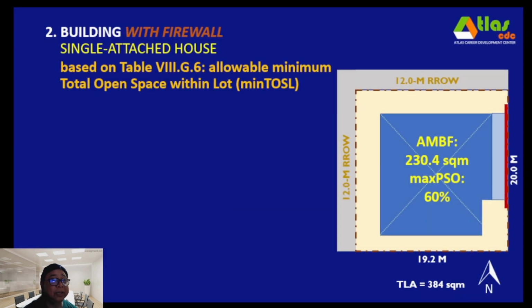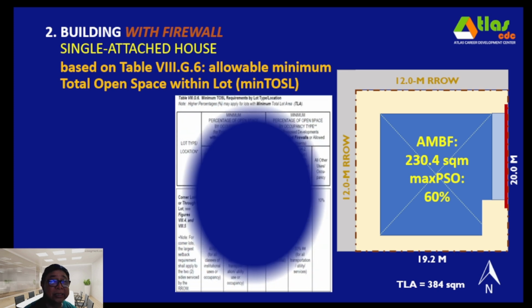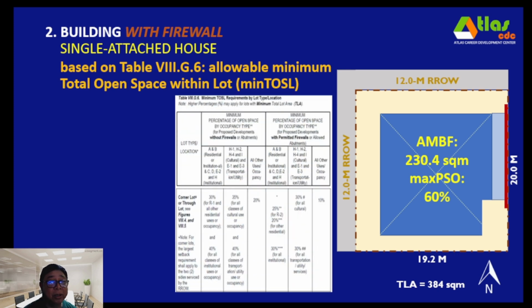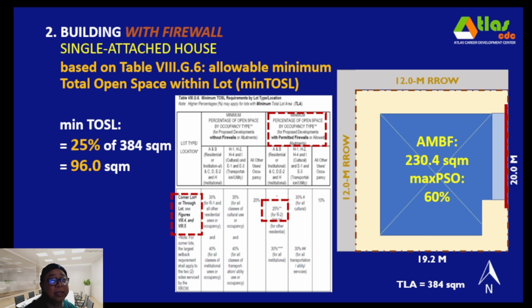However, there is another reference for the minimum TOSL, and this is our reference table actually for the minimum TOSL, table 8.G.6. And looking at this table with firewall for a corner lot here shows that for R2, whether basic or maximum R2, the minimum TOSL is at 25%, sorry.